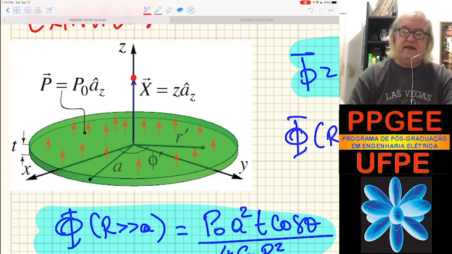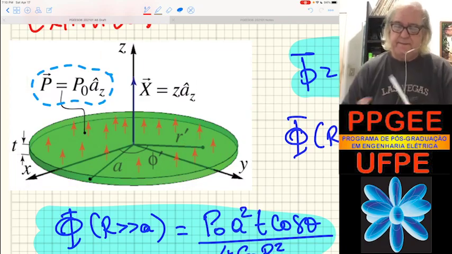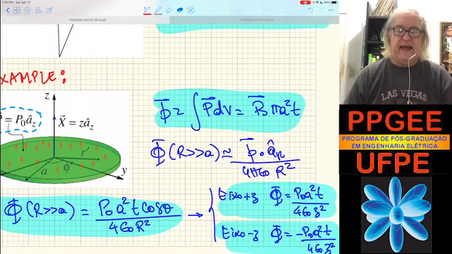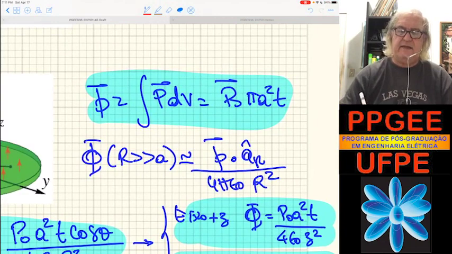The polarization is given, it's constant in the z direction, right? So you can look at the dipole moment of this circular plate. It's simply the integral of P dV. P is constant, so it's just the volume times the constant P0.